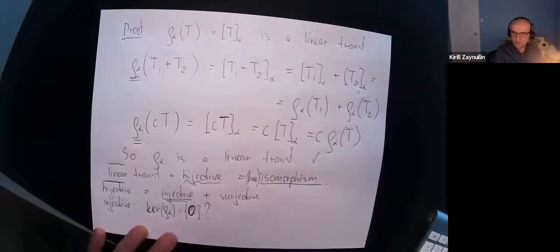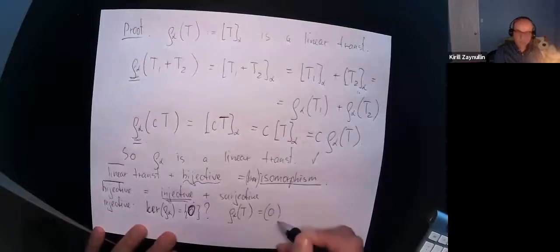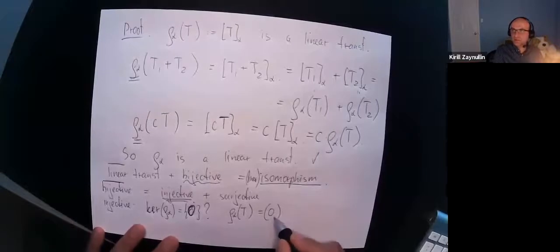Well, let's suppose that rho alpha of T is 0. Again, this 0 is a zero matrix, because that's what it means to be 0 in the vector space of n by n matrices.